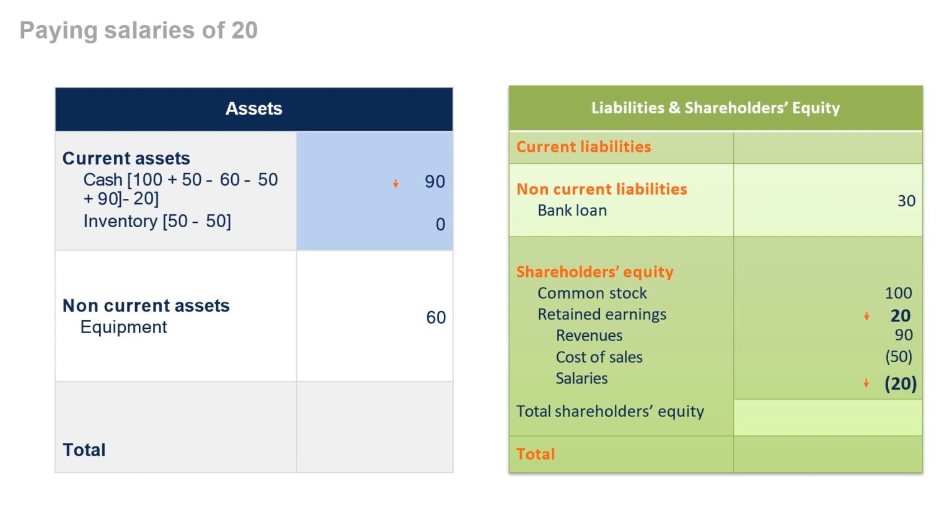So our retained earnings has reduced from 40 to 20, and that affects our shareholders' equity, which now decreases from 140 to 120, and we still have our balance sheet balancing at 150.